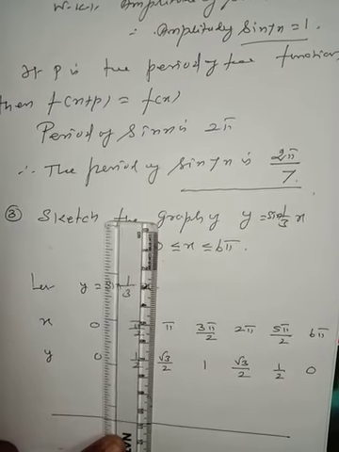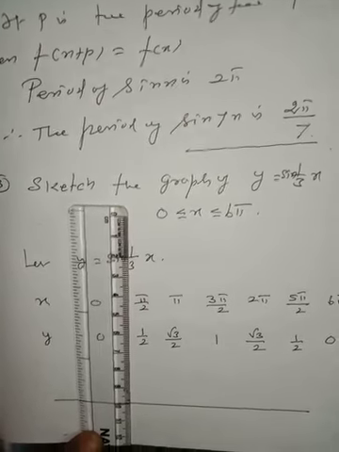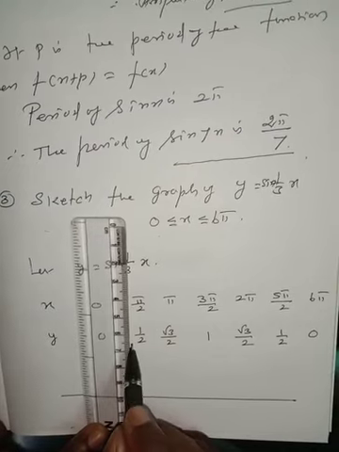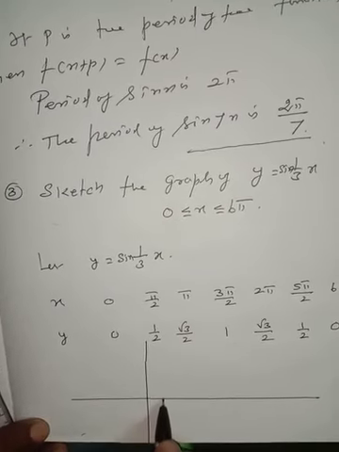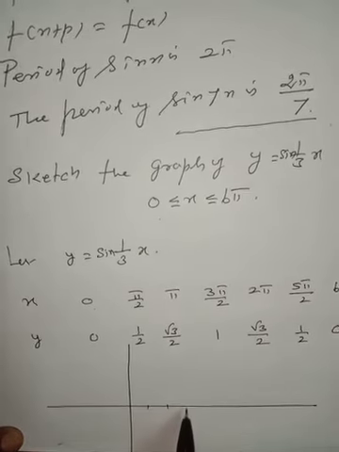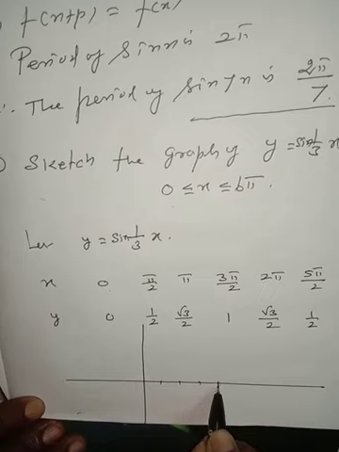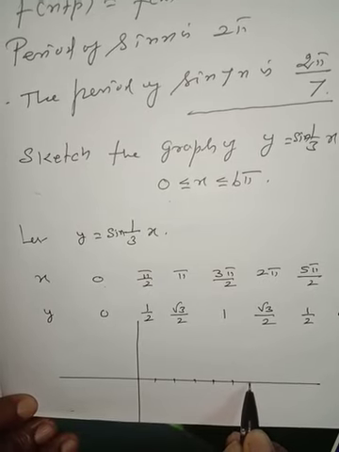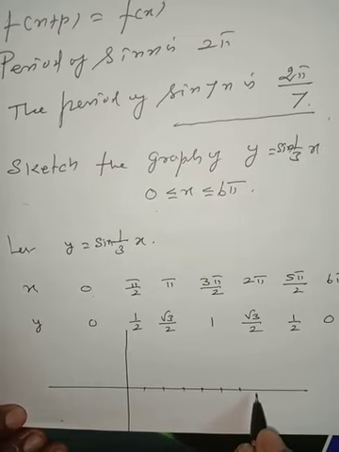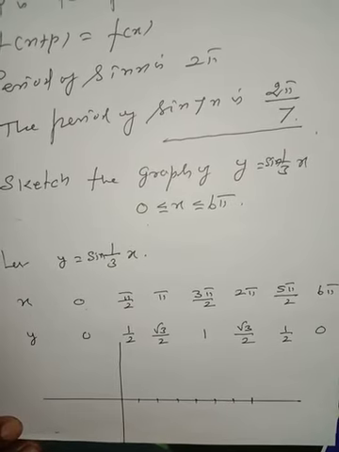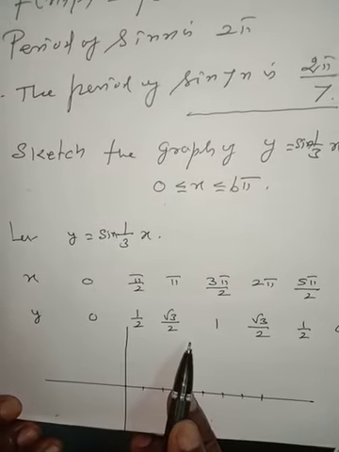We take 3 points per unit on the x axis, 1 2 3 4 5 6 7. On the y axis: 1 by 2, root 3 by 2, 1.